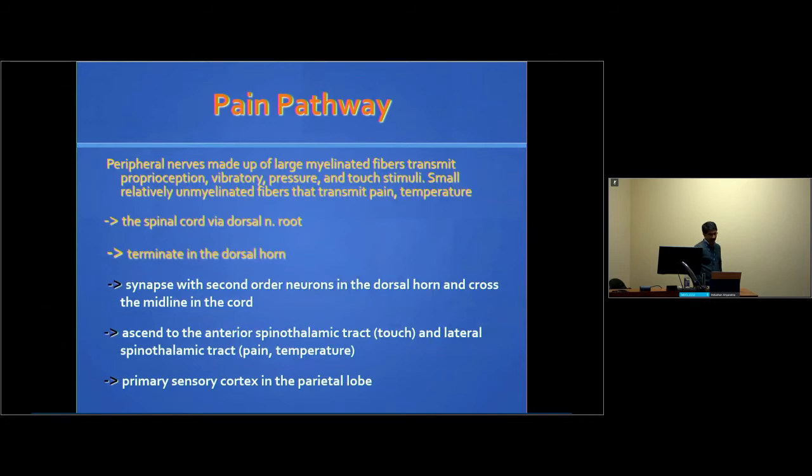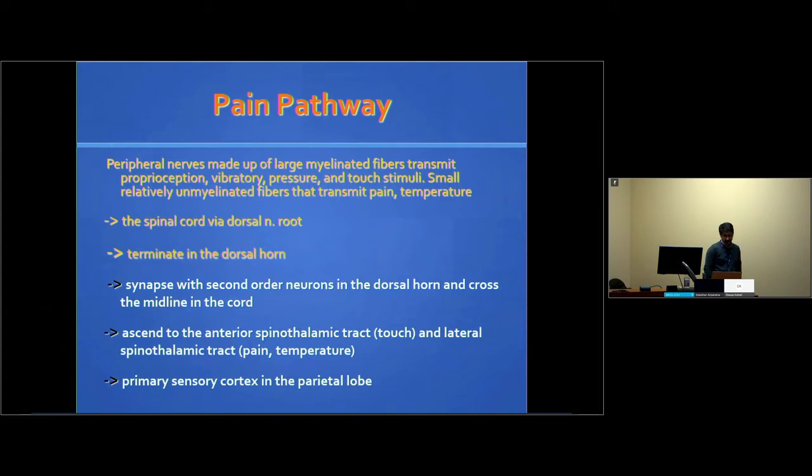So typically, what our test would be for this topic today is the peripheral nerves, and EMG itself is designed to look at the large myelinated fibers. It does not study the small fibers.